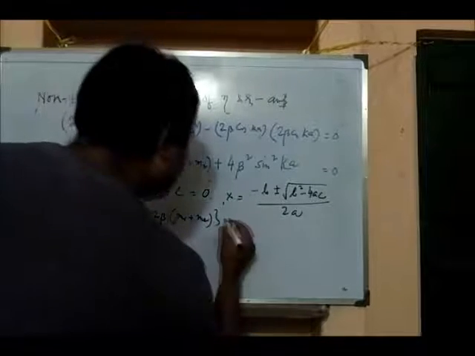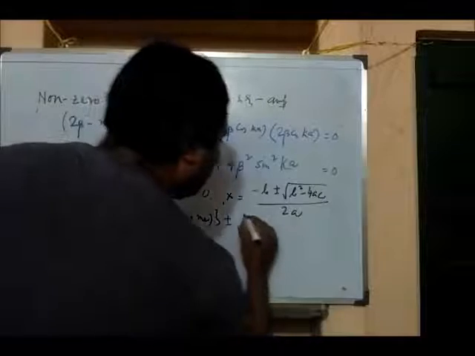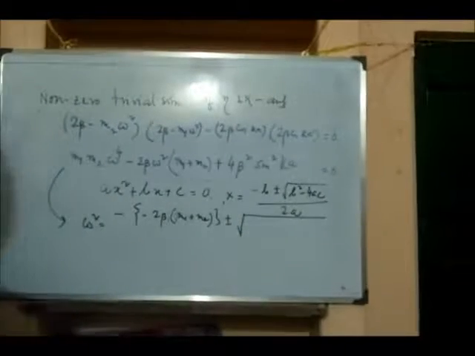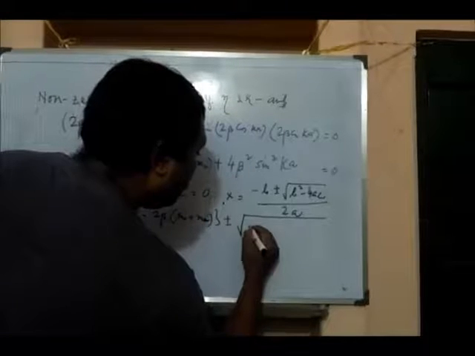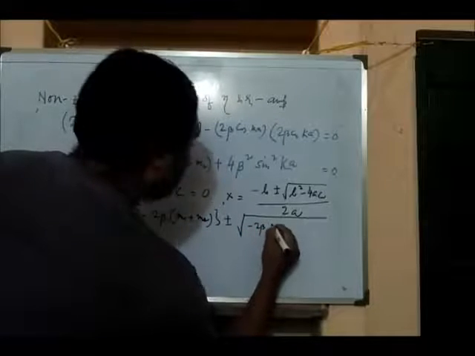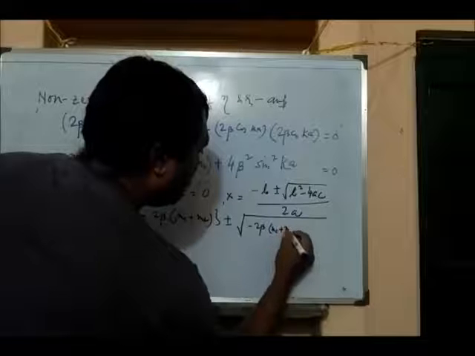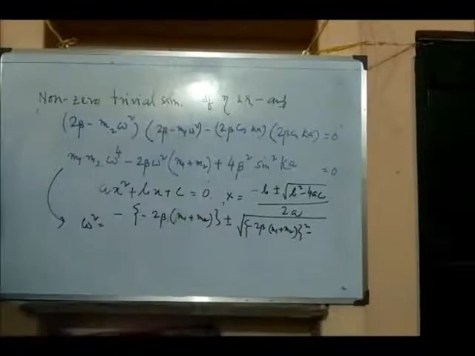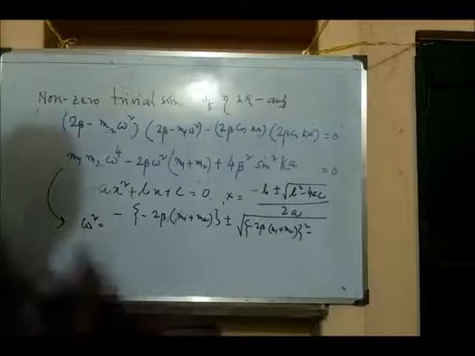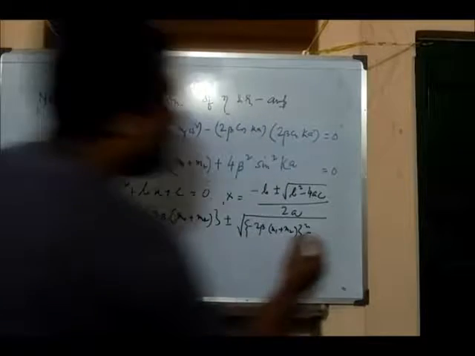Plus minus root over b square, that means minus 2 beta into (m1 plus m2) square, minus 4ac, 4a into c.